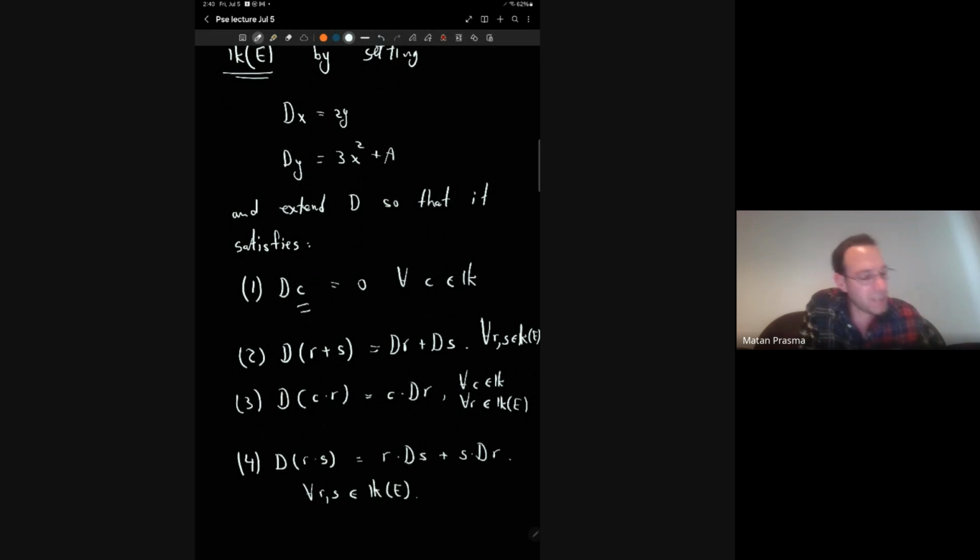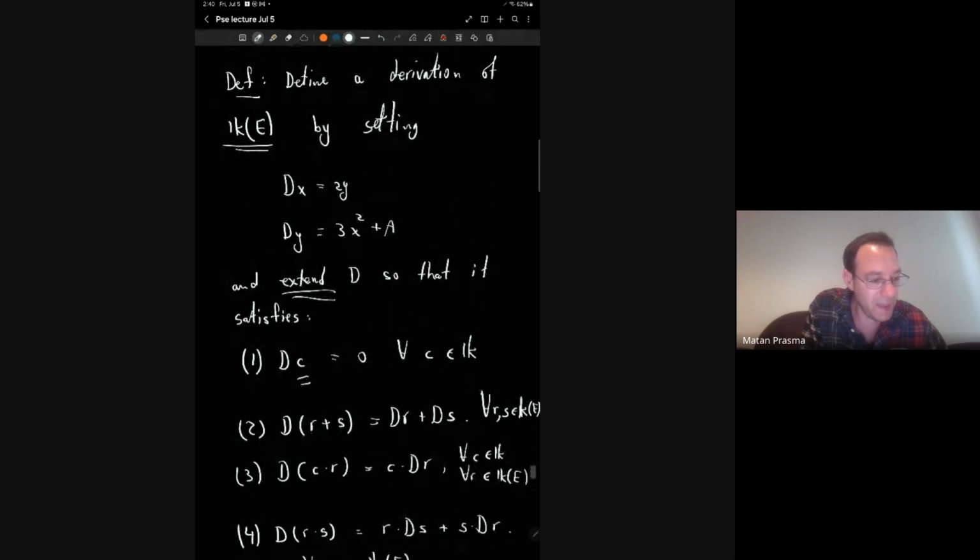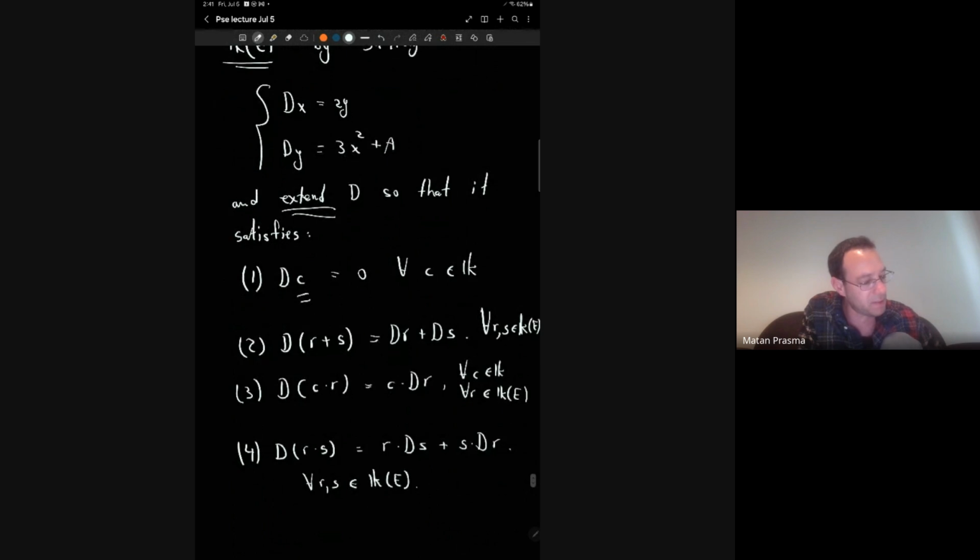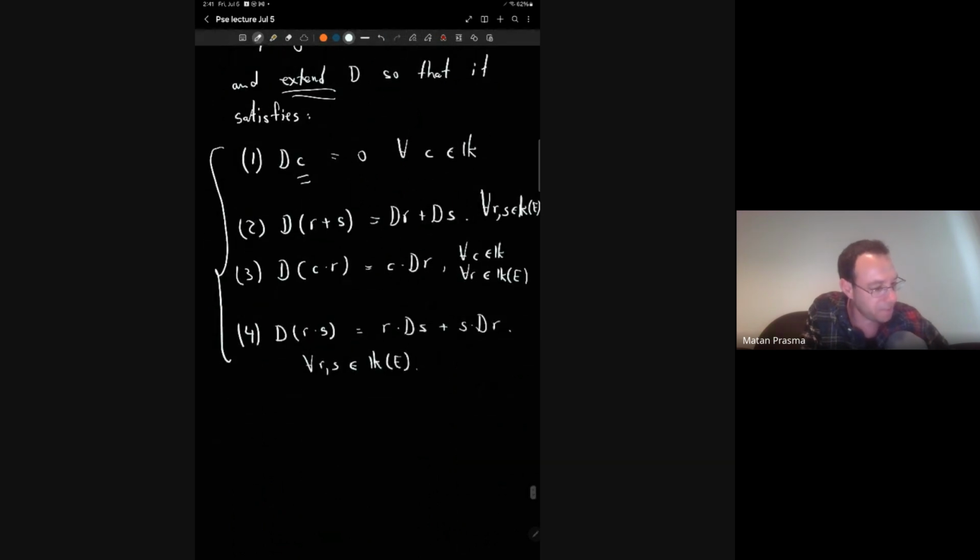Now, when I say extend D, I need to show you that there is a unique one. Once I set up this anchor condition, and I want these four properties, then there is only one function.